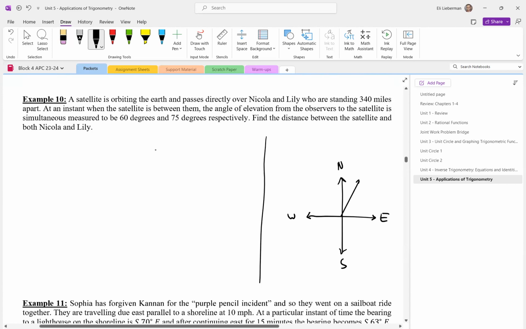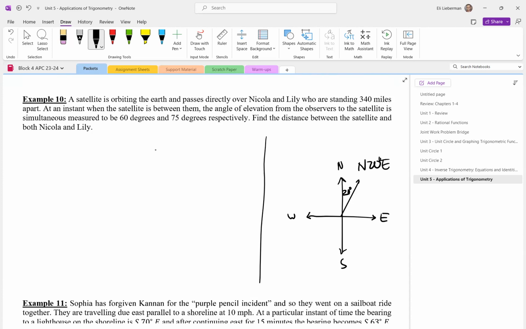If this is 20 degrees right here, that specific bearing would be referred to in two different ways: 20 degrees east of north, or north, comma, 20 degrees.